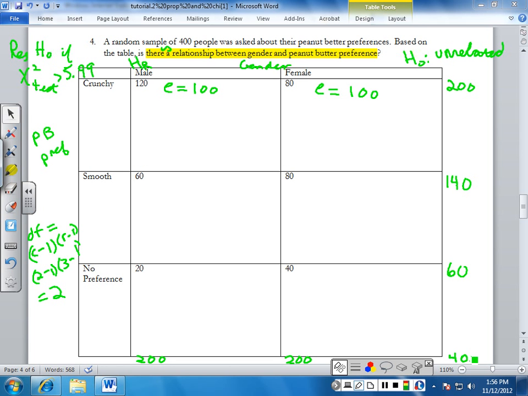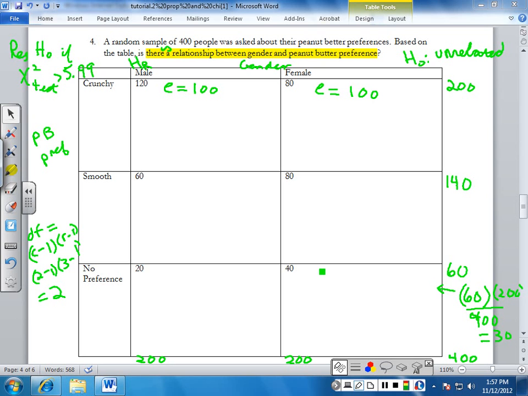So if I were trying to get the expected value in this cell, I know it's going to be 30, a 50-50 split, but I could take the row total, which is 60, for this cell. The column total is 200, and divide that by the overall total, which was 400, and that's going to be 30.